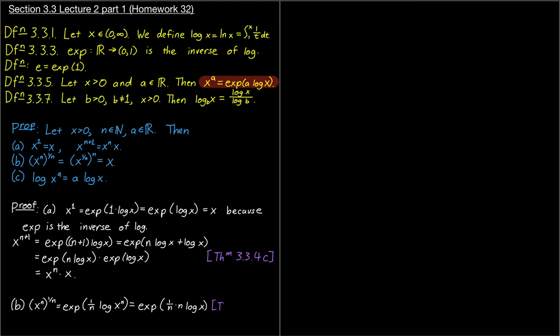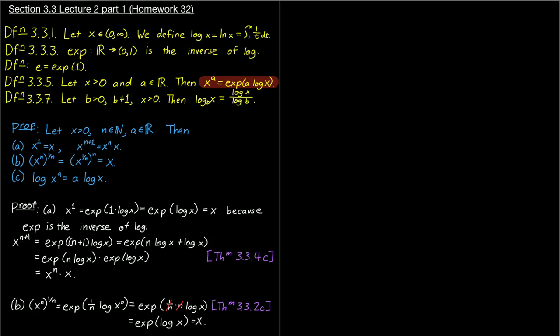That is theorem 3.3.2c. And we just cancel out the n with the 1 over n. We're left with exp of log x, which is just x.